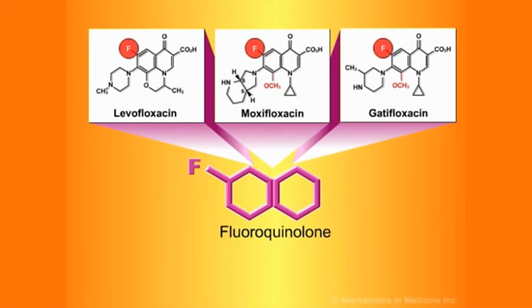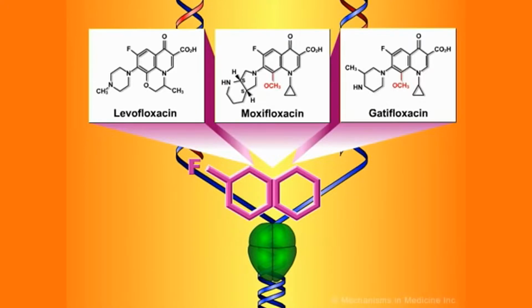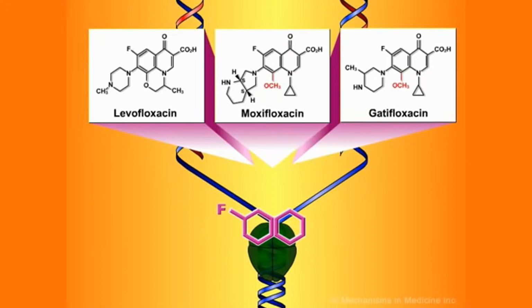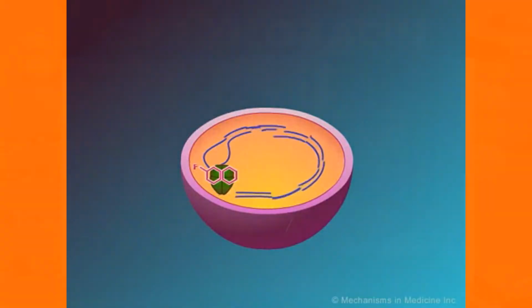Actually, this drug targets the alpha subunits of topoisomerase 2, which is DNA gyrase, that prevents the supercoiling of the bacterial DNA, and also prevents replication of the bacteria.